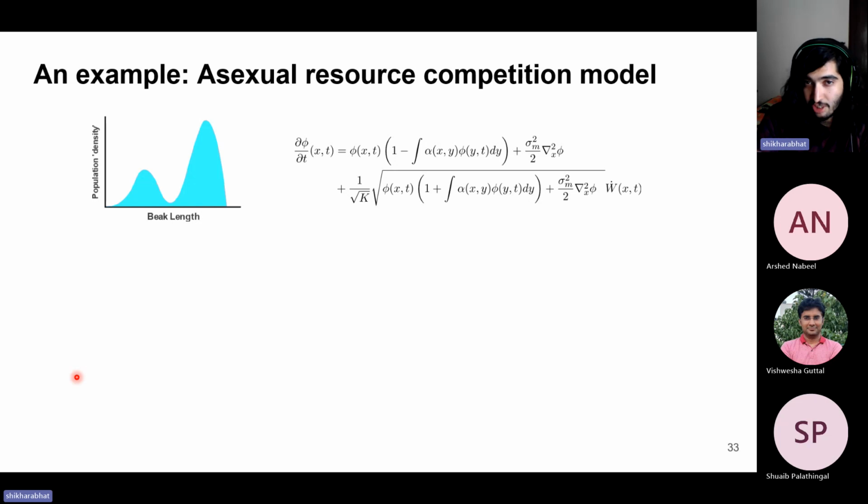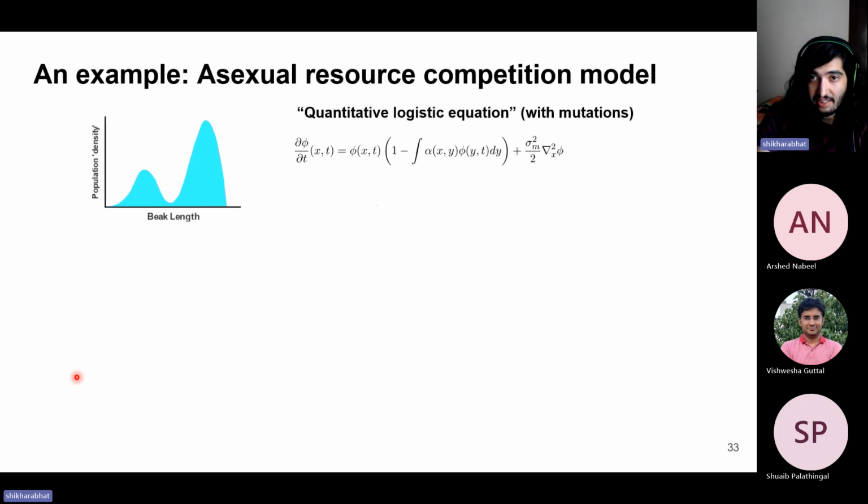Now, if I neglect demographic stochasticity, this equation has a name. It's something called a quantitative logistic equation, sometimes also called quantitative Lotka-Volterra, because it should look a lot like the logistic equation or the Lotka-Volterra equation.